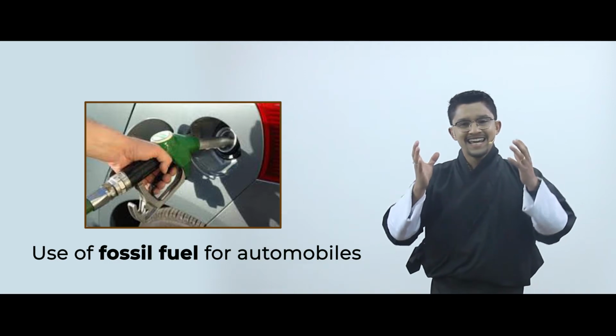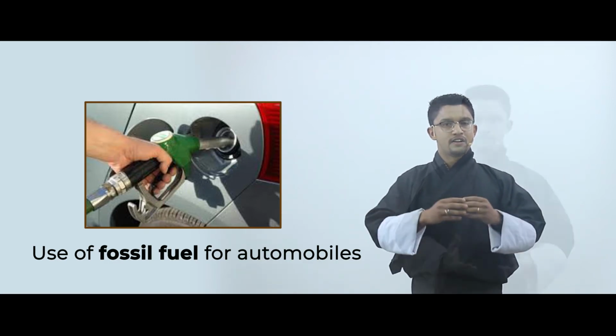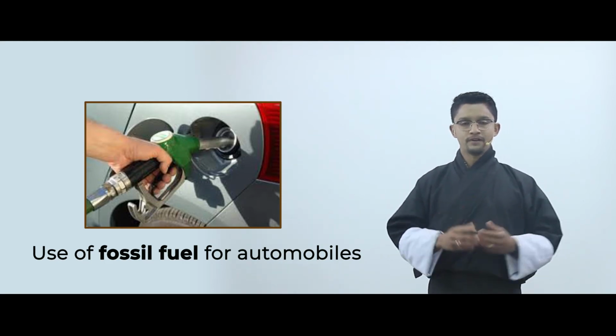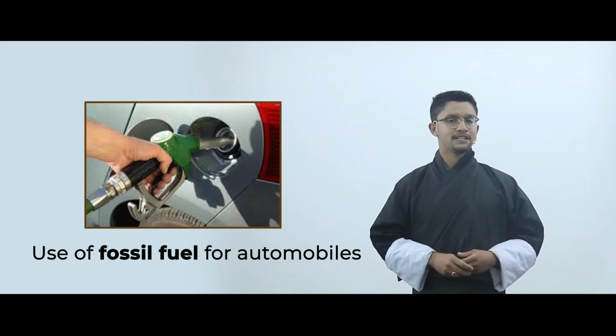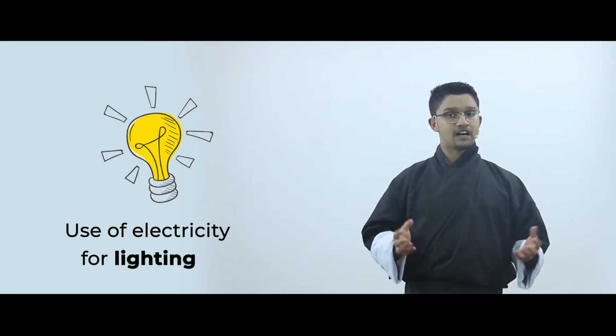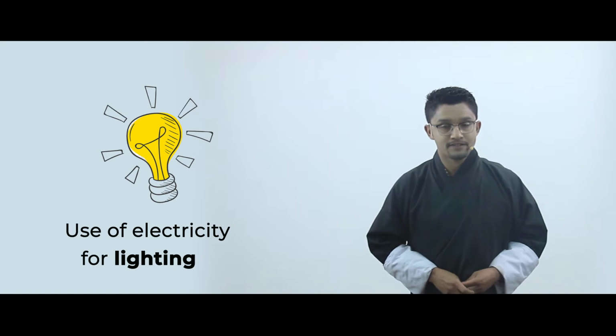So if you look at examples of energy sources, for instance, using fossil fuels to run automobiles. Apart from that, the second example can be the use of light. We use electricity for lighting our homes and running various types of electrical appliances.